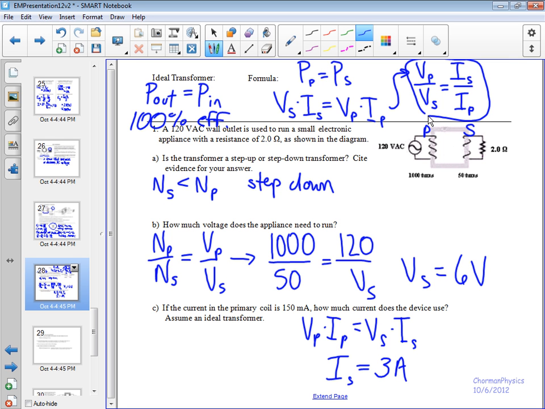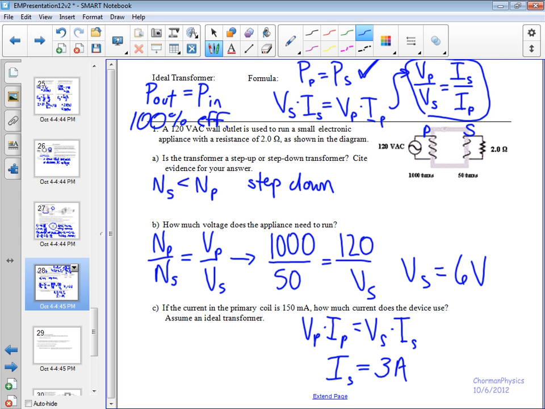It's so important to remember this one right here. It's all about the powers being equal between the two. Also, when you change the voltage through one of the coils, you'll most likely be changing the current through it as well. So we always want to talk about this in terms of power, okay? That's the easiest way to think of this, and then solve for the voltages and currents.